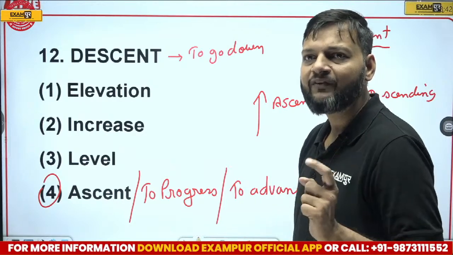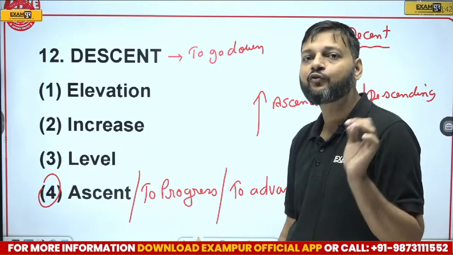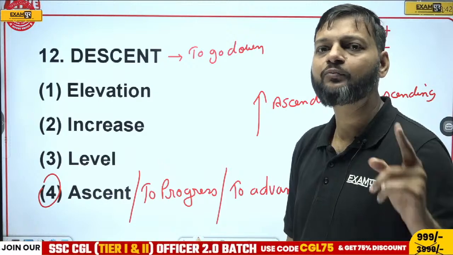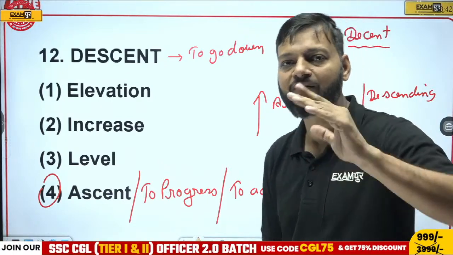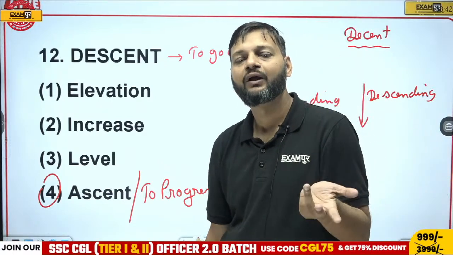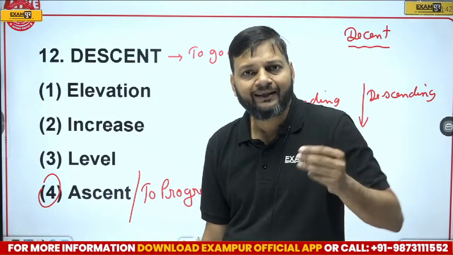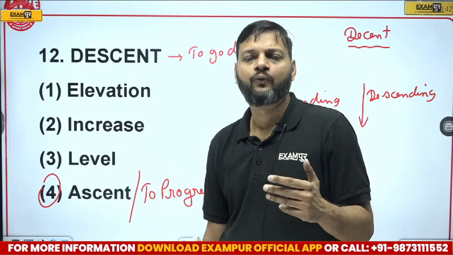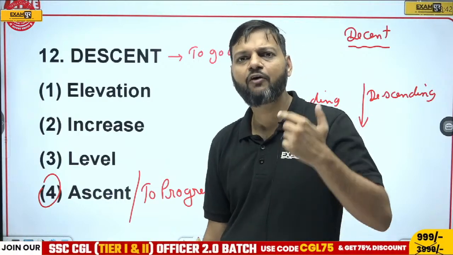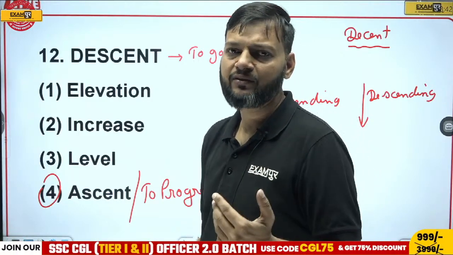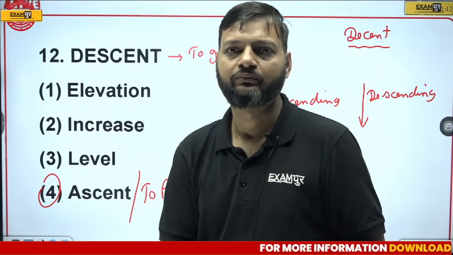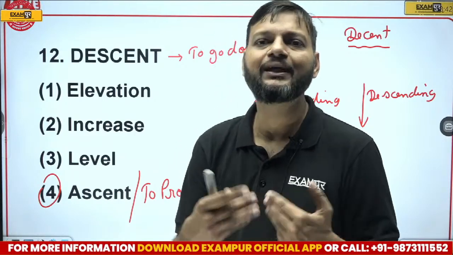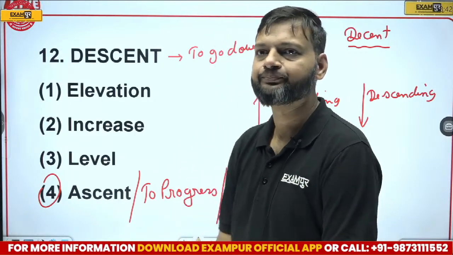Now, you might be confused why the word increase cannot be the antonym of descent, because increase means to grow. But the meaning of descent is to come down, so its antonym should be ascent.